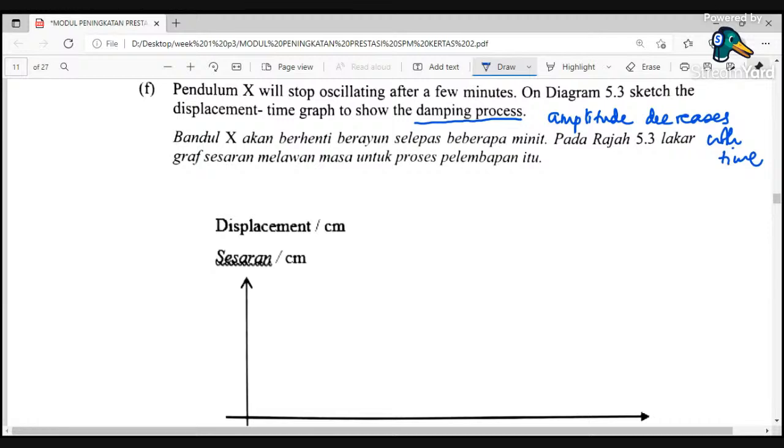Kalau amplitude dia 10, boleh nampaklah amplitude dia makin kurang. Kalau you plot graph amplitude against time, you akan dapat graph macam ni.